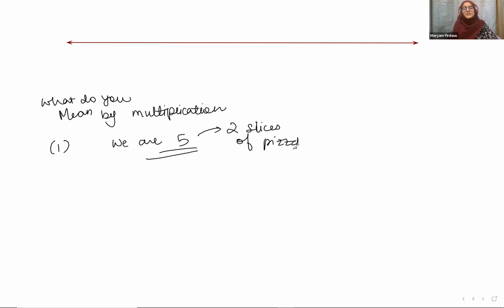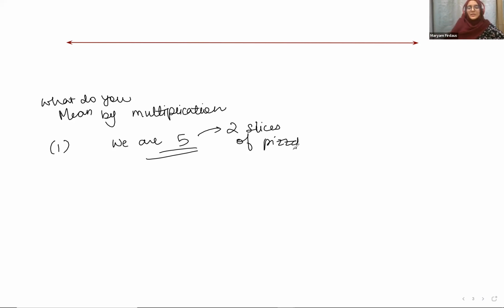So how many slices do we need to order? 10. What did you do here? Multiply. Yeah, so you did multiplication.